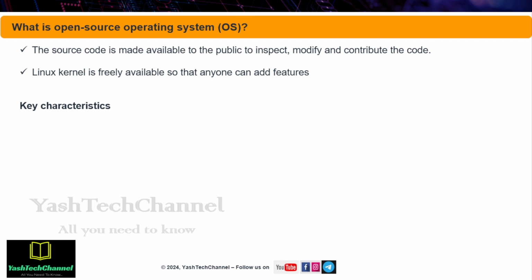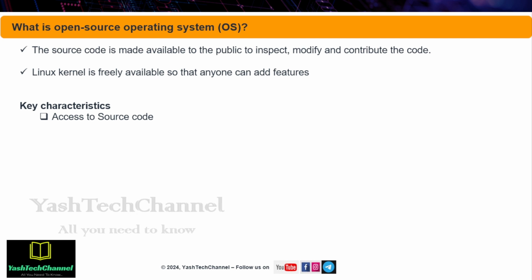So what are the key characteristics of open source software? The first one is access to source code. Open source software provides users with access to the source code, which is the human readable form of the program.